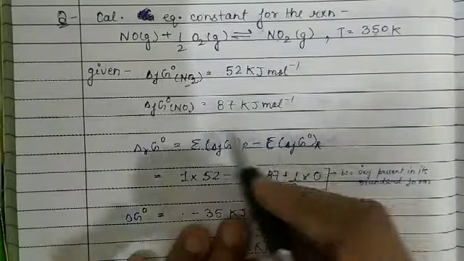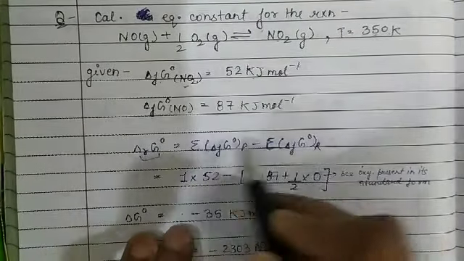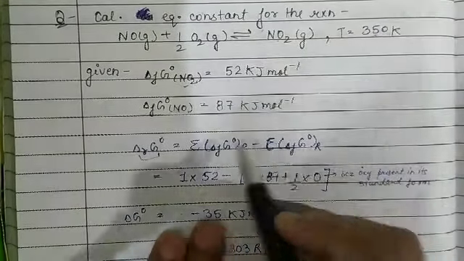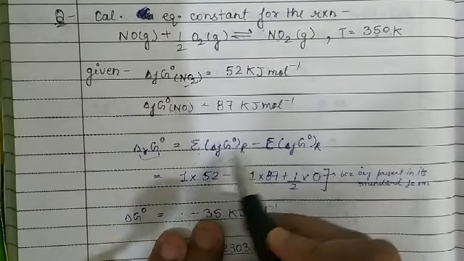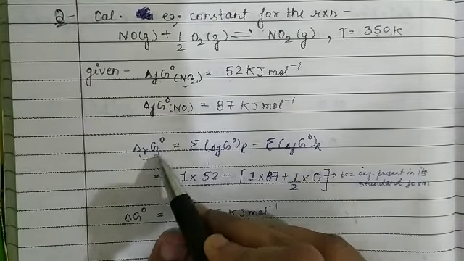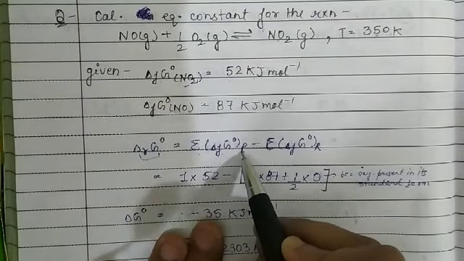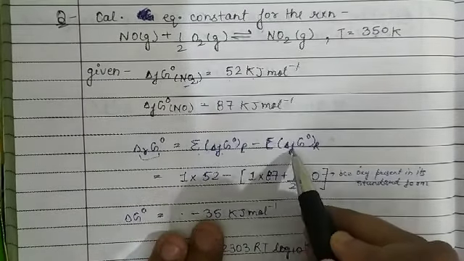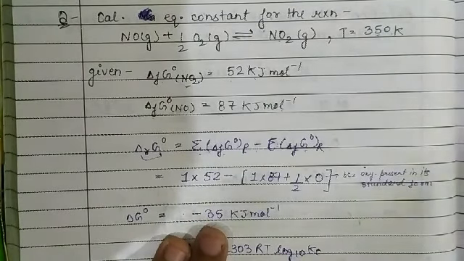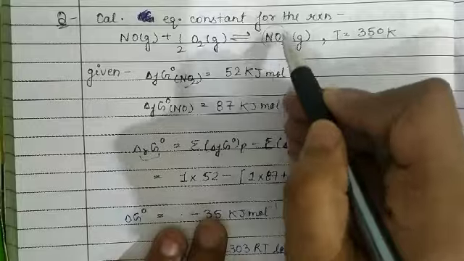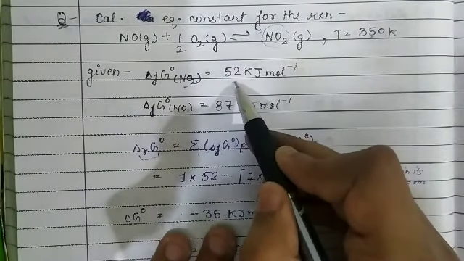We know delta G naught of reaction is the summation of delta G naught of products minus the summation of delta G naught of reactants. On the product side, only NO2 is present, and delta G naught of NO2 is 52.